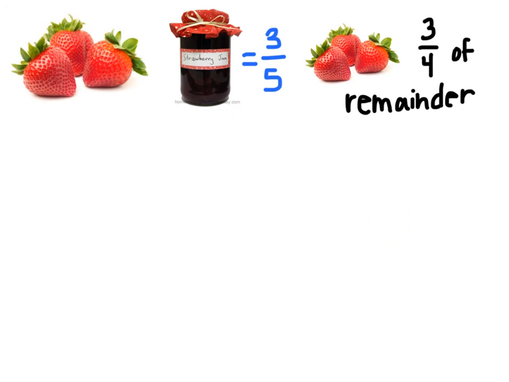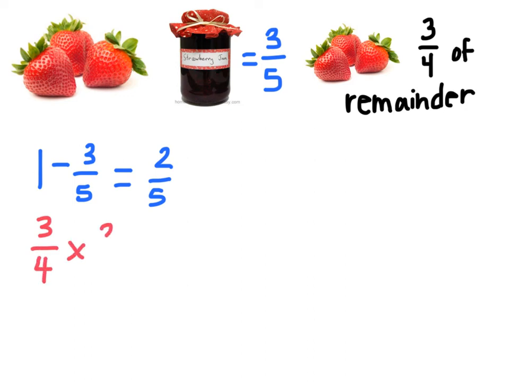In method 2, we're not going to use the visual bar model. We're going to go straight to the math. We know that Janice starts with 1 whole quantity of strawberries. She's then going to use 3/5 of that to make jam, leaving 2/5 as her remainder. After making the jam, Janice gives 3/4 of the remainder, or the 2/5, to her neighbor. 3/4 of 2/5.